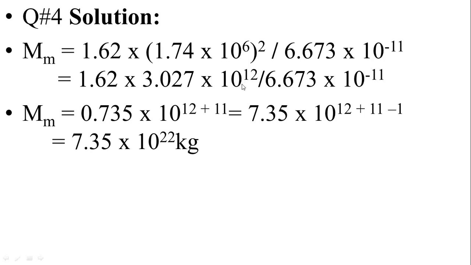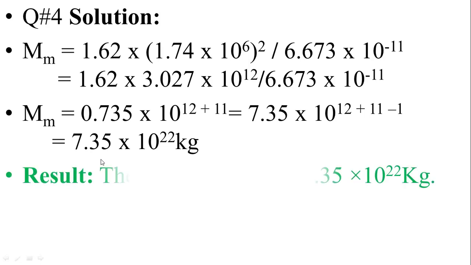The minus value becomes positive, so plus 11, is equal to 7.35 multiplied by 10 raised to power 12 plus 11, and the decimal place moves from this place to this place, so minus 1. The final answer is 7.35 multiplied by 10 raised to power 22 kg. The final mass of the moon is 7.35 multiplied by 10 raised to power 22 kg.